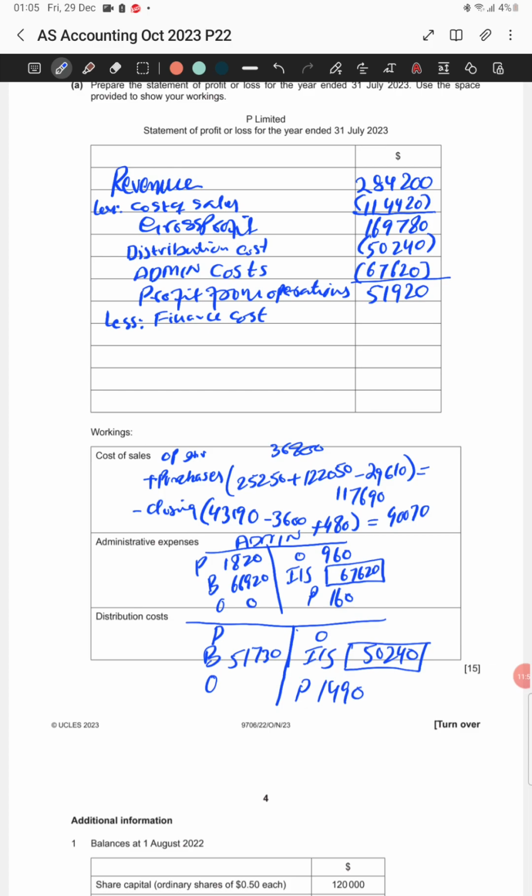Here we can do working for the finance cost. 36,000 multiplied by 8% for 4 months. So the interest will be 960. We will minus this interest. Amount will be 50960. This is profit before tax.